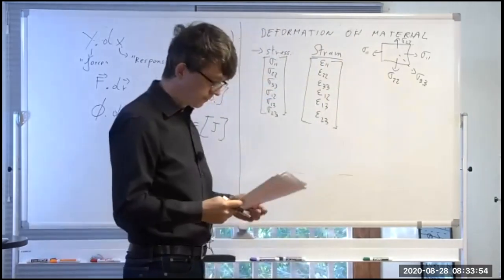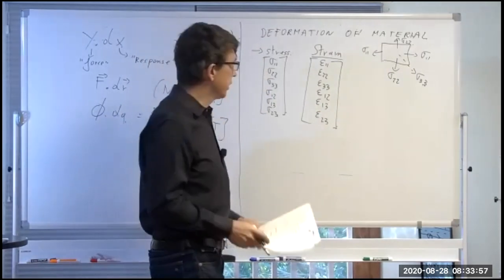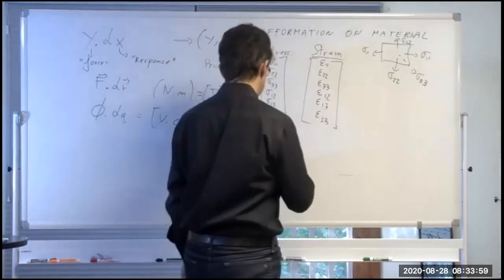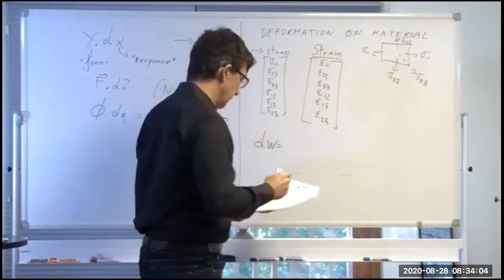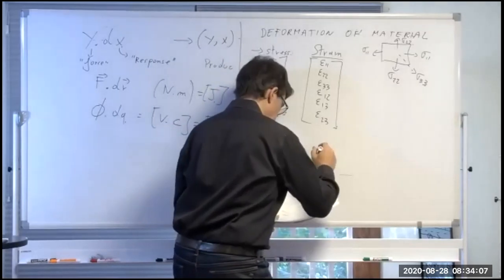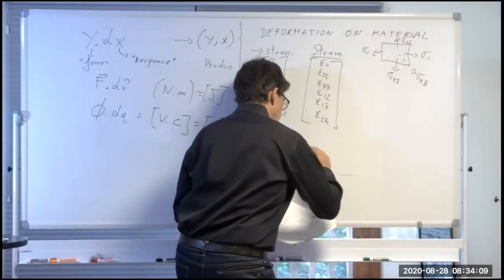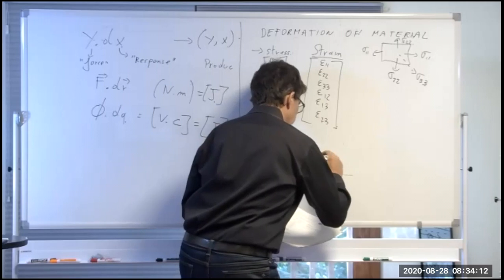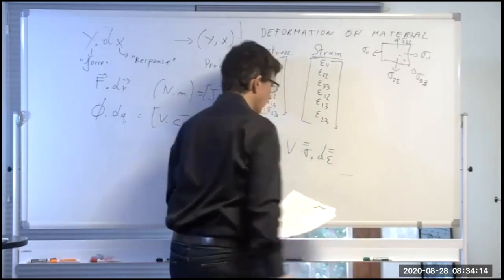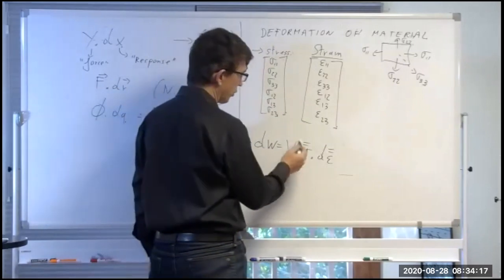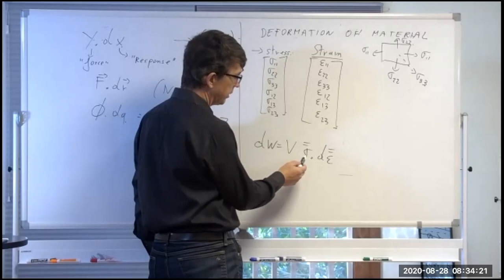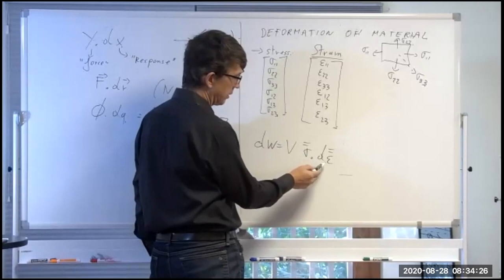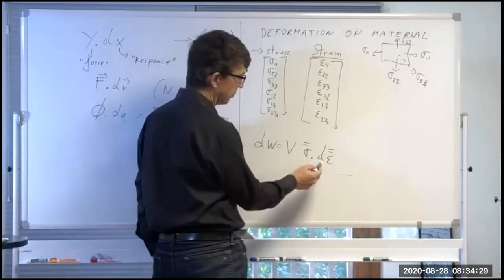Okay. So in general, the work done on a system is the volume that the boundary spans times the stress tensor dotted into the strain tensor. Okay, because you can work out where the volume comes from, because force would be area times the stress, and length, right, would come out of the strain.